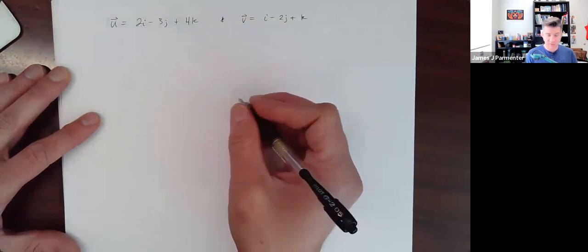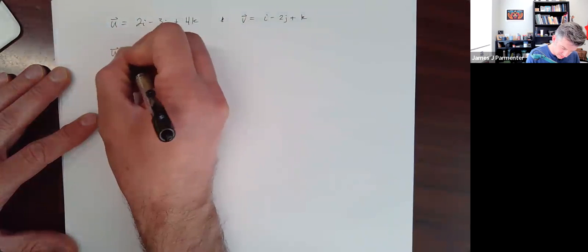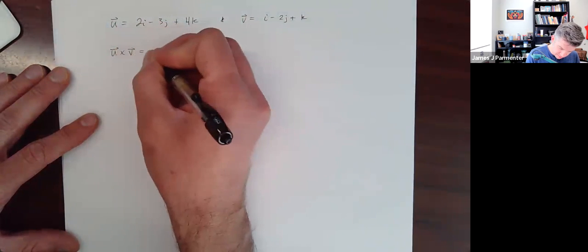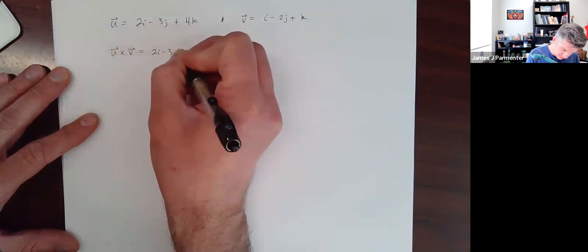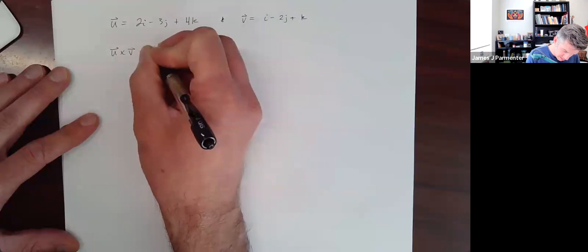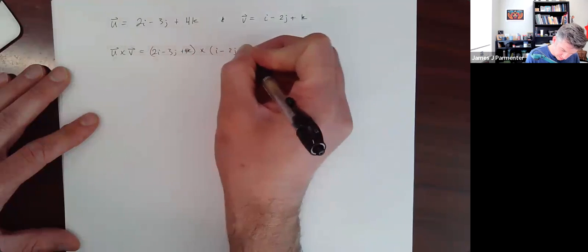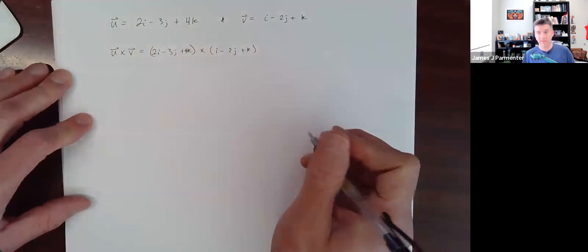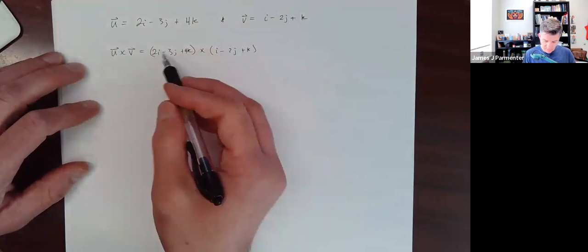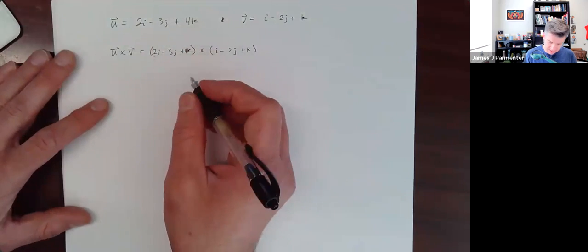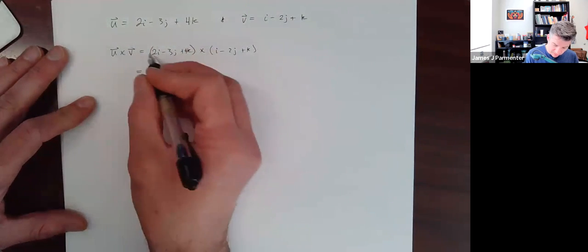Okay, so if I want to do u cross v, it's going to be terrible. So u cross v is going to be 2i minus 3j plus 4k cross i minus 2j plus k. So you have to do all 9 pairs of the things. So I'm going to factor out the constant.